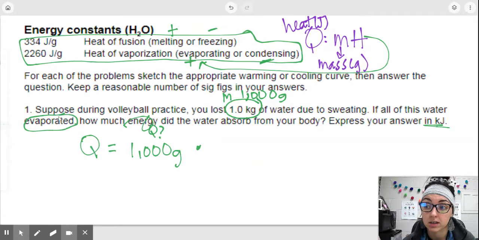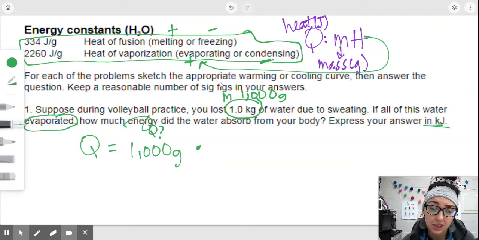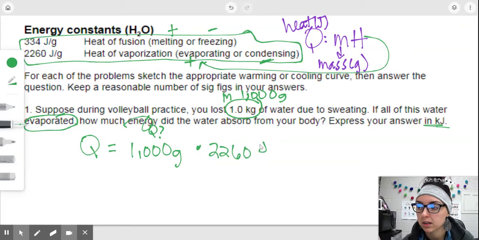That's important. So that means we need the heat of vaporization, and it's evaporating, so it's going to be positive. I multiply by 2260 joules for every gram, and you see when I do that, grams cancel, so I end up with joules.